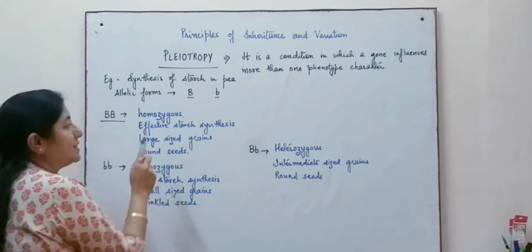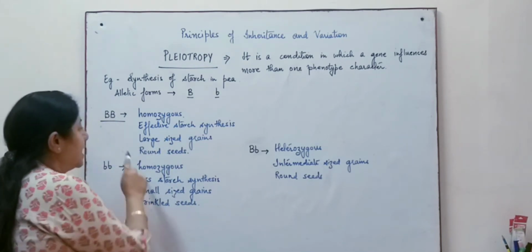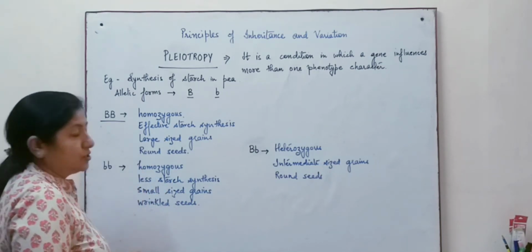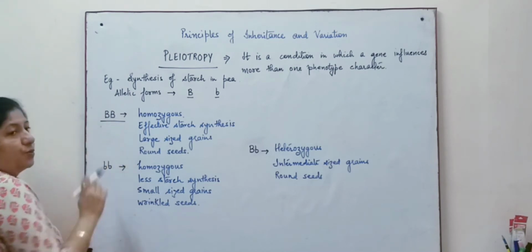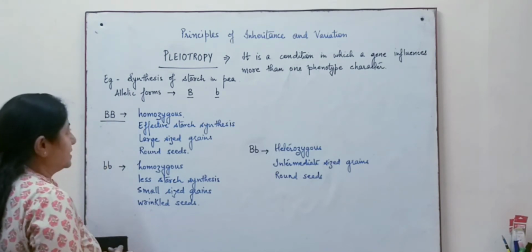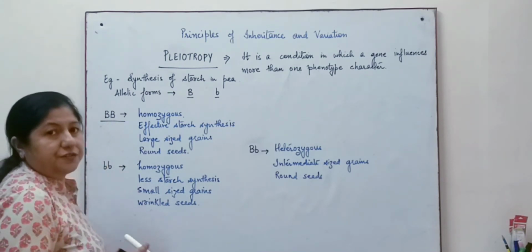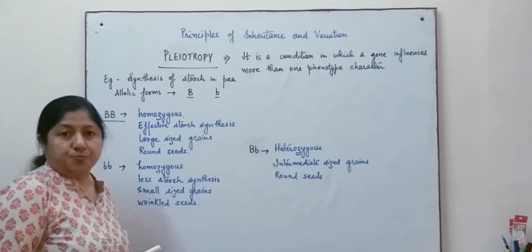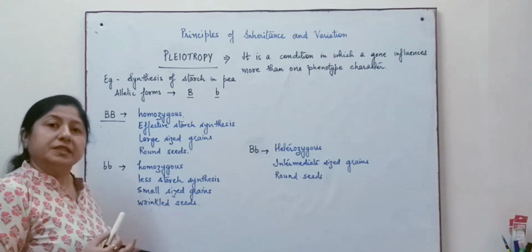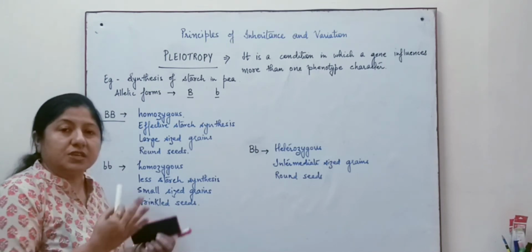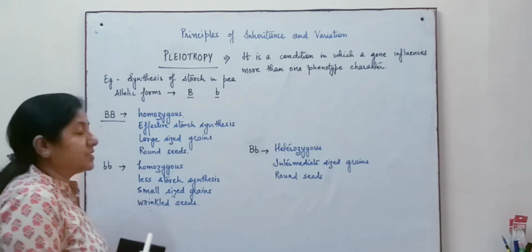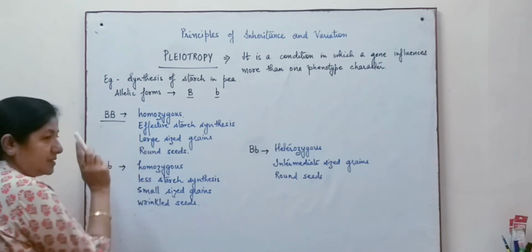They produce large sized grains and they produce round seeds. So if the homozygous condition with capital B was there, the plants were effective in starch production. Also, they produce round seeds and large sized grains. So these were the traits which were regulated in homozygous condition.